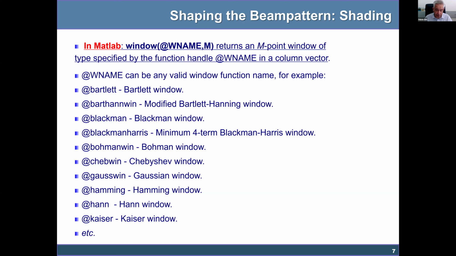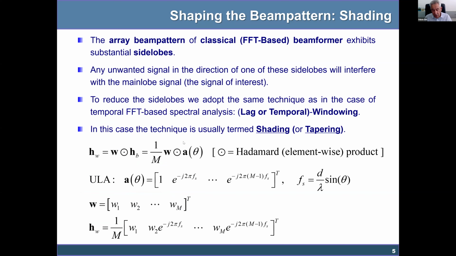Remember one thing: if we multiply in the space domain, in the transform domain, which is the angle, the effect is a convolution. And so the beam pattern that you obtain is the convolution between the ideal beam pattern that we obtain without window and the transform of the window.